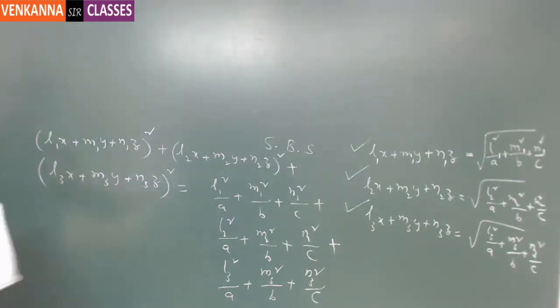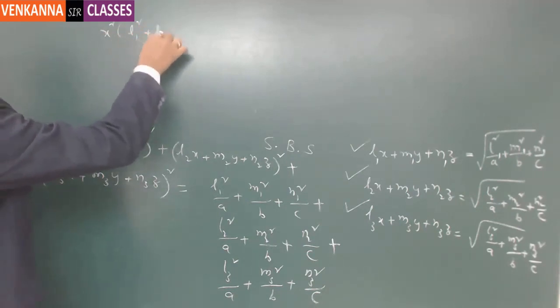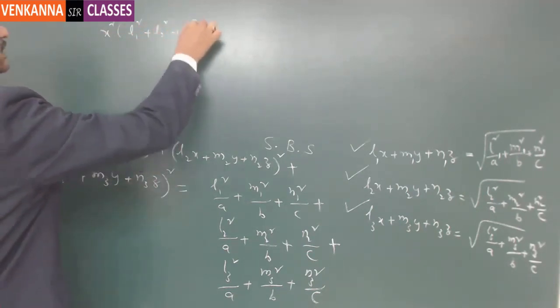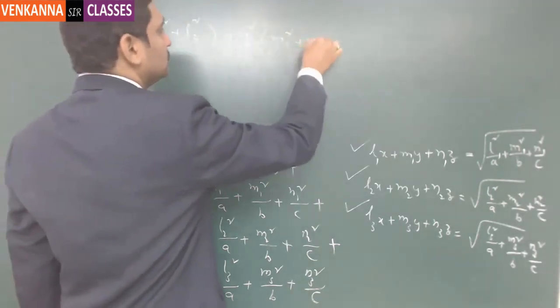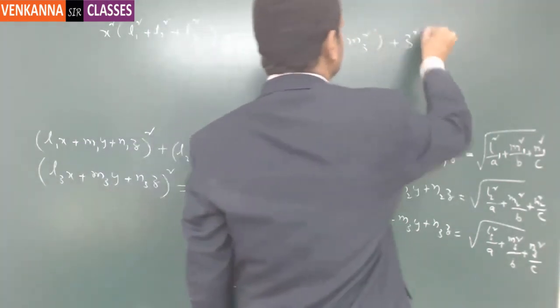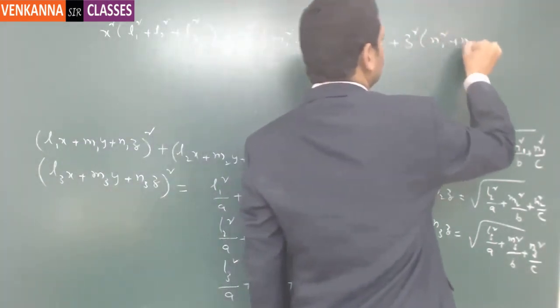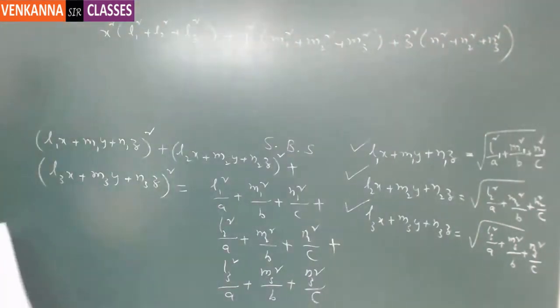It is going to be x square into L1 square plus L2 square plus L3 square plus y square into ... plus you have the values.